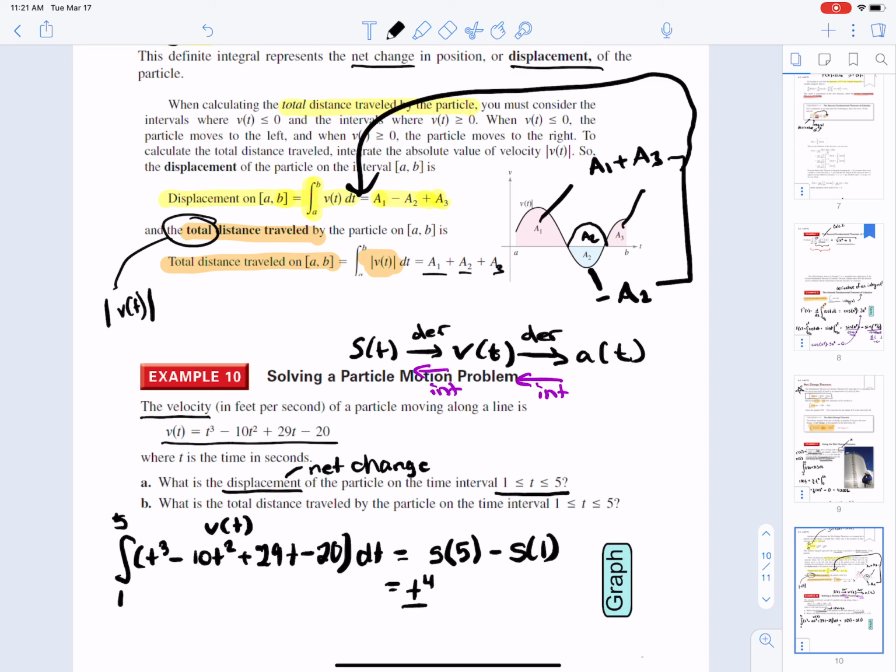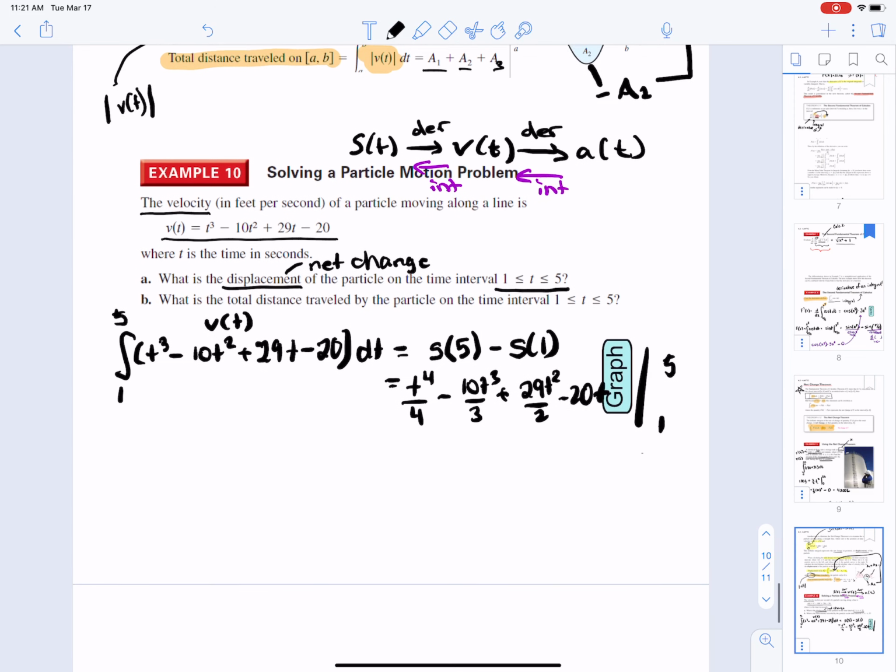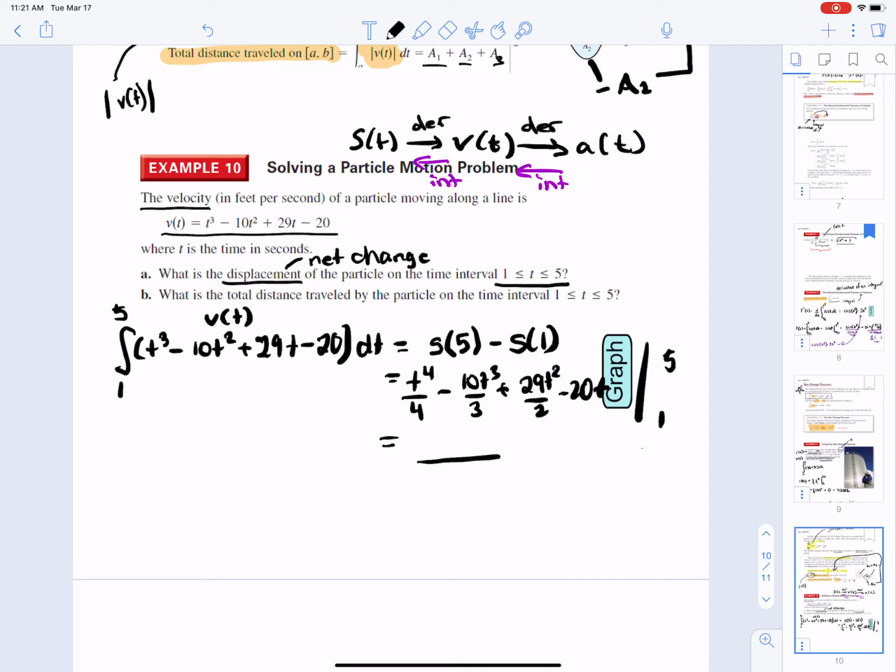T to the 4 over 4 minus 10t cubed over 3 plus 29t squared over 2 minus 20t. You're going to evaluate from 1 to 5 and then work out that final answer, which should be, let me look here, maybe 32/3, but maybe double check that.